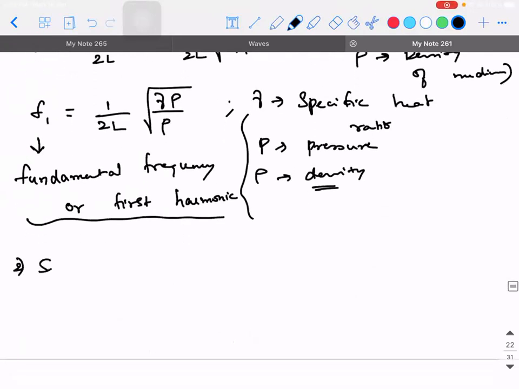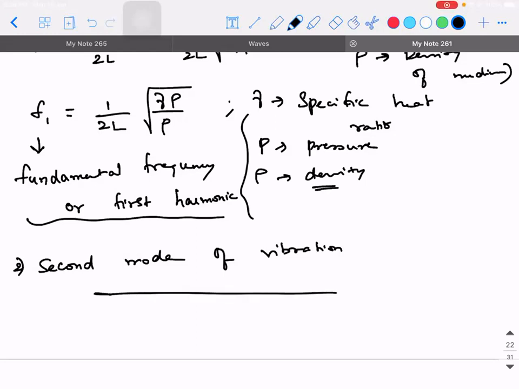Similarly, what do you mean by second mode of vibration? I told you the mode of vibration is decided by the number of standing waves that are formed. So when I talk about second mode of vibration, there will be two standing waves inside.